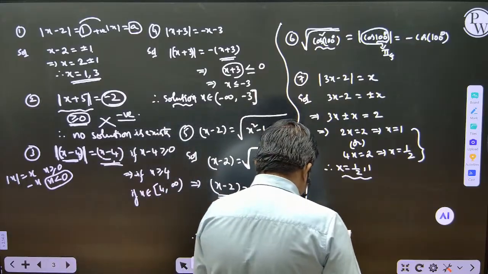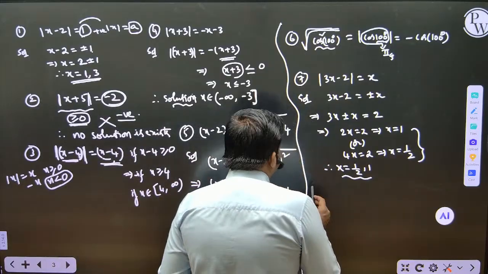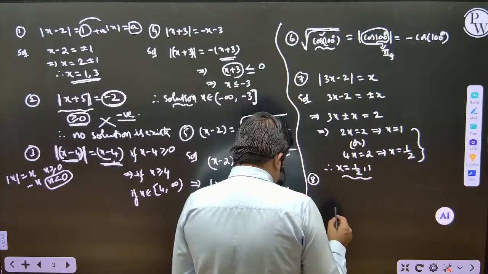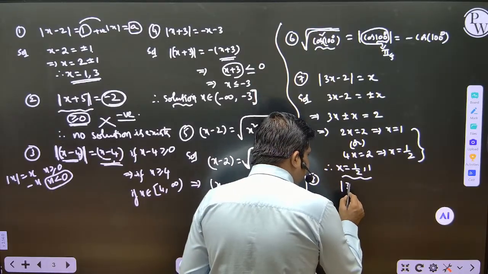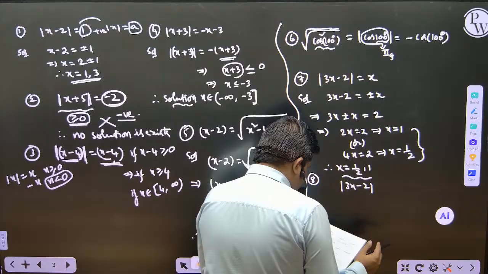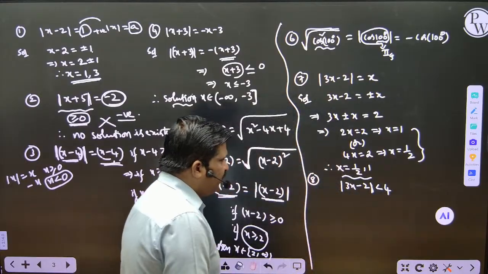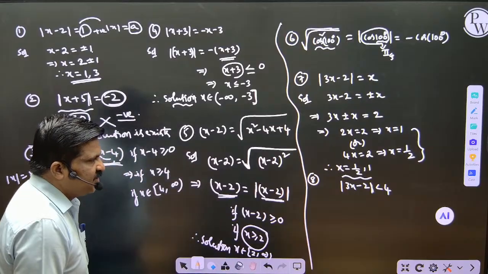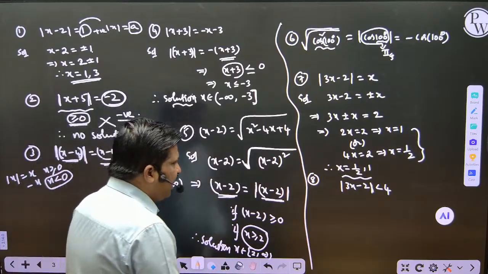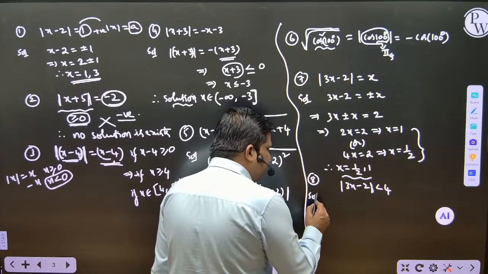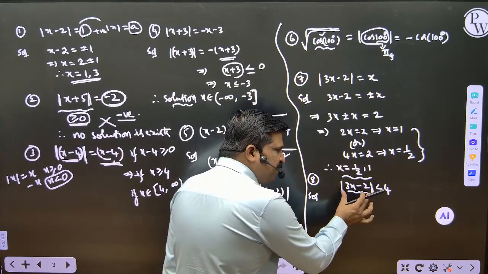Now see another question. Modulus of 3x minus 2 is less than 4. How do you solve it? I have already told you that this is considered as a mod x.